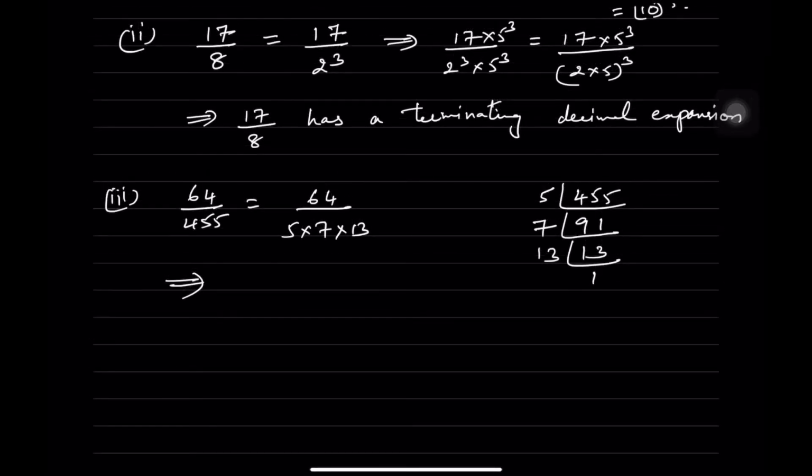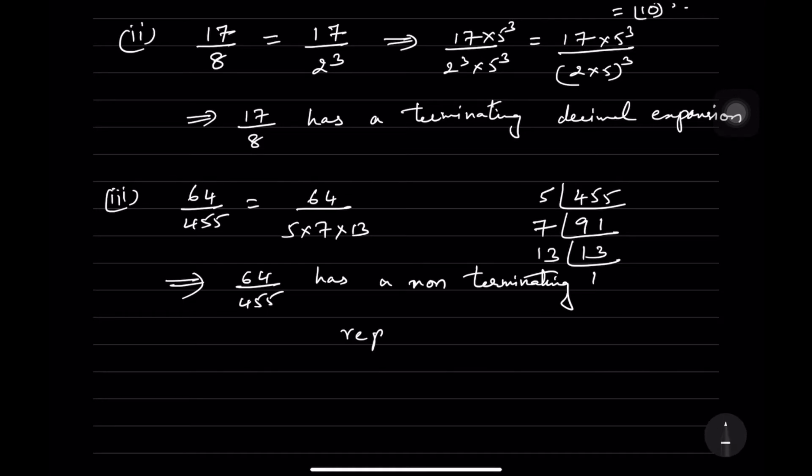Therefore, since in the denominator we have multiples of 5, 7 and 13, 64 by 455 has a non-terminating repeating decimal.